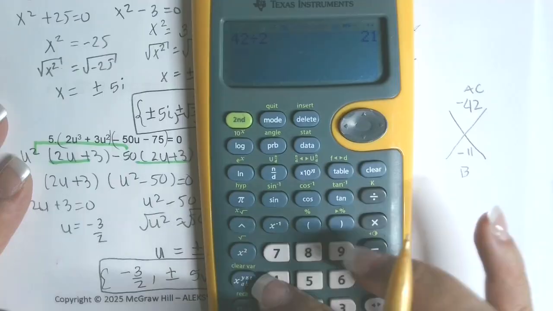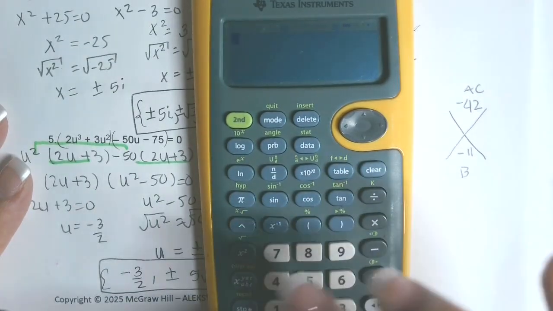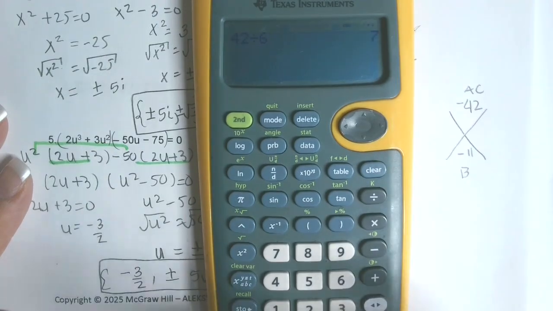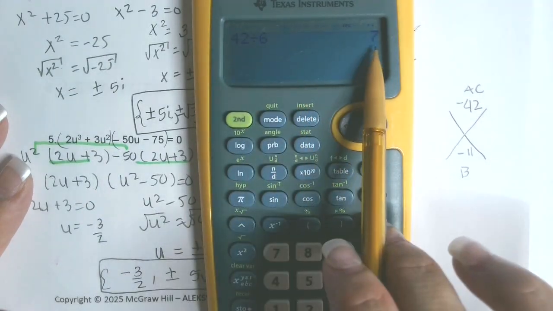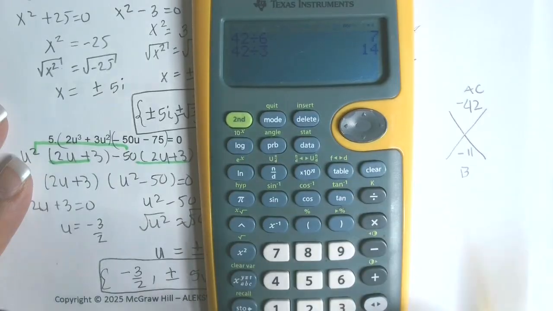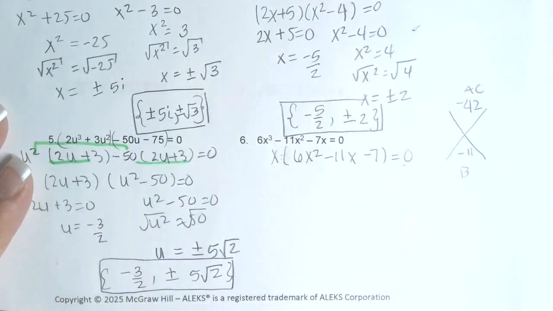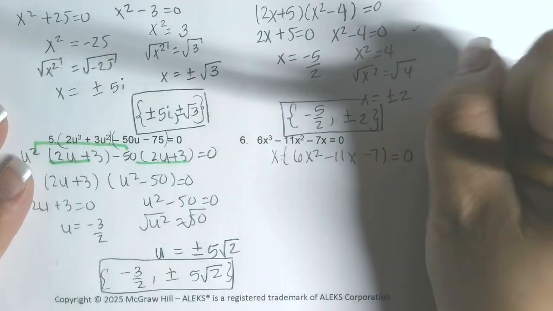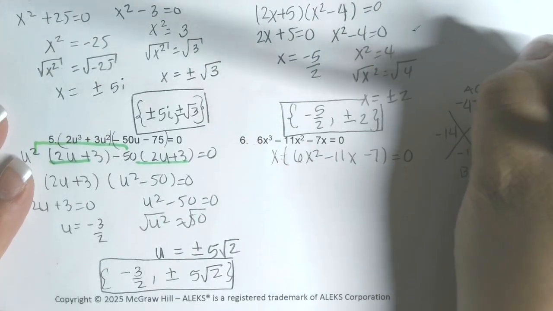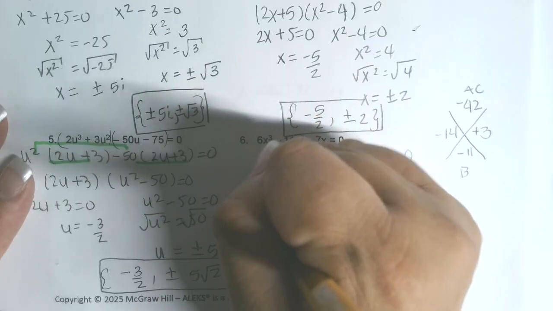I think it's 8. 42 divided by 8? No. 42 divided by 6. If I want to get 11, that's 13. 42 divided by 3, 14. So our factors are going to be 14 and 3. Negative 14, positive 3. We just bring the x all the way down at the end.